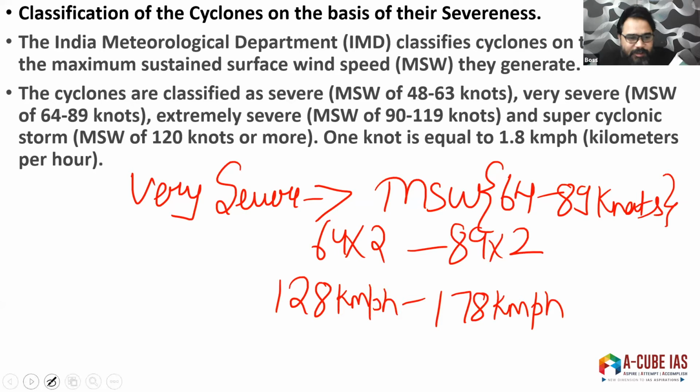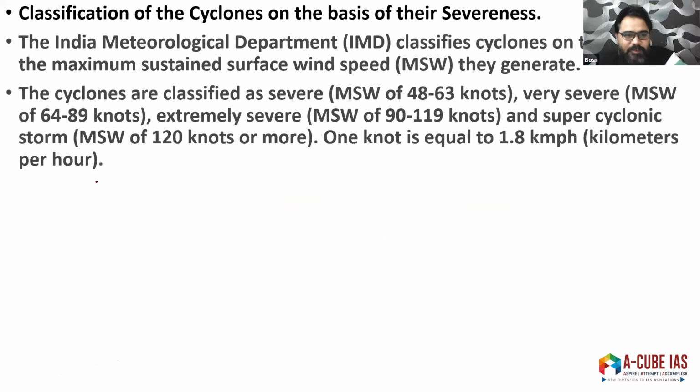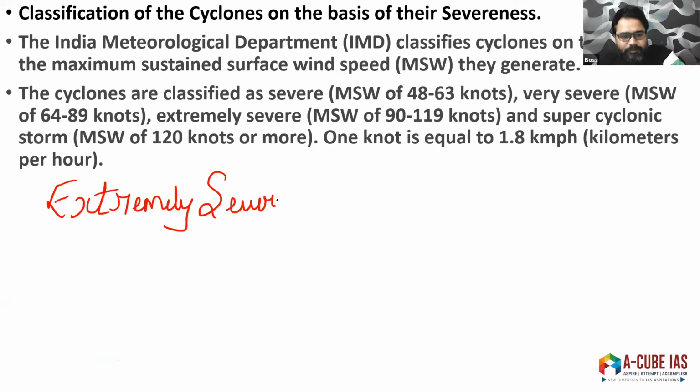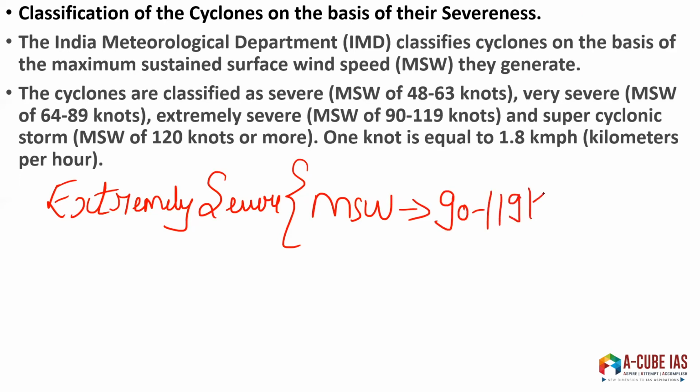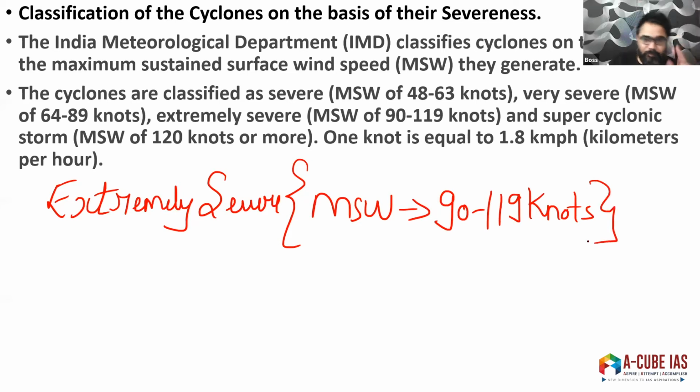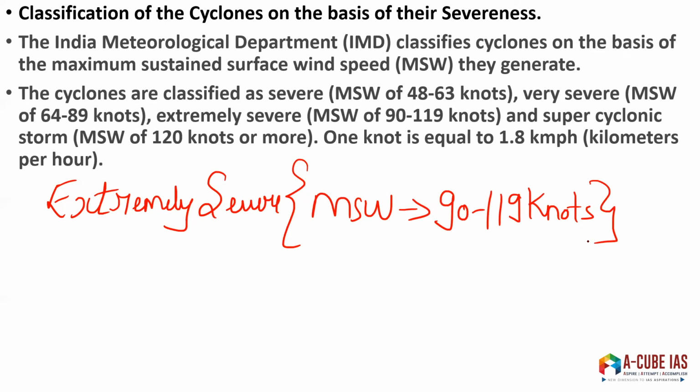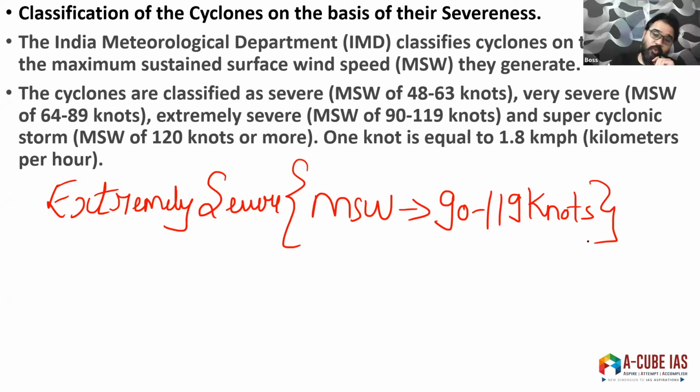The third classification is extremely severe. Here the MSW, maximum sustained surface wind speed, is 90 to 119 knots. That means 180 kilometers to almost 238 kilometers per hour.